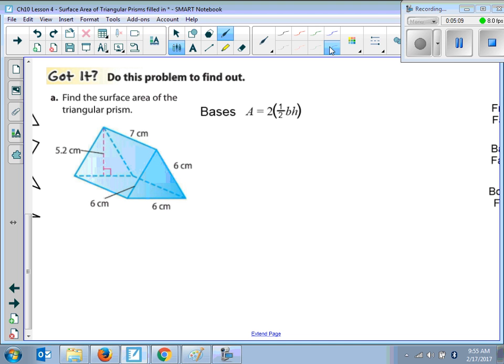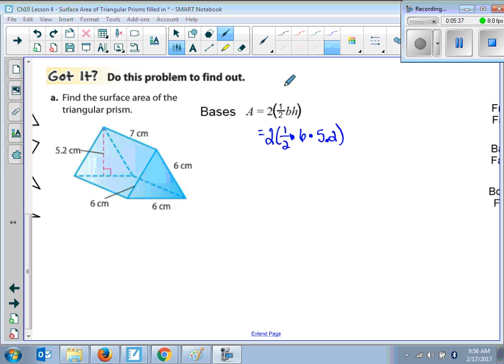And now we're going to substitute what we know. All right. So we're going to multiply 2 times 1/2 times the base, which is 6, times the height, which is 5.2. Very good.